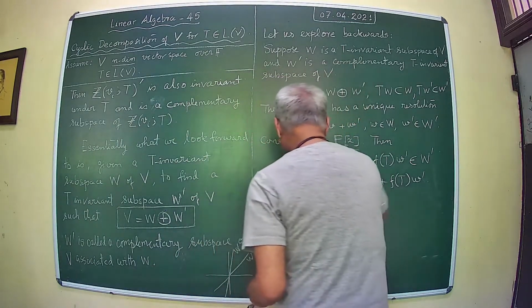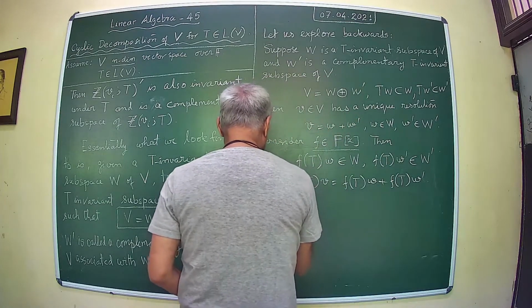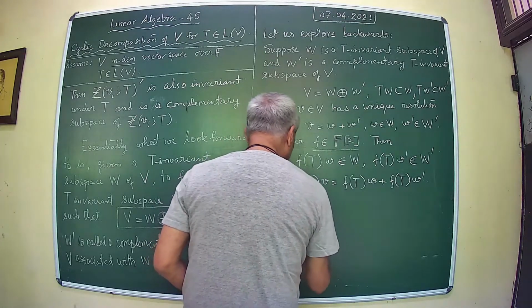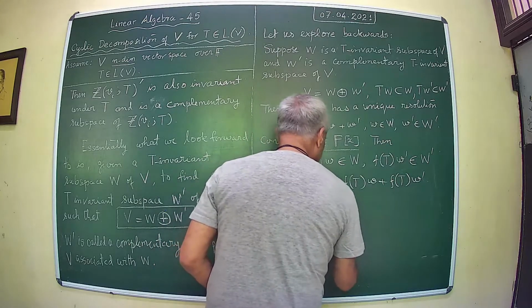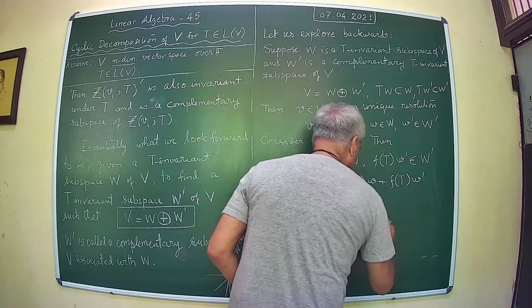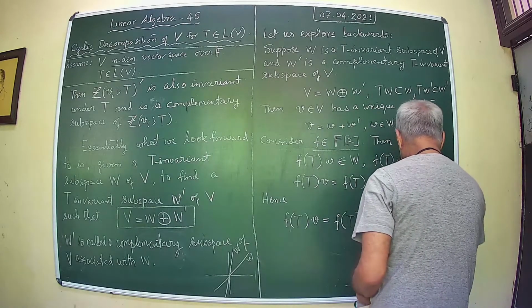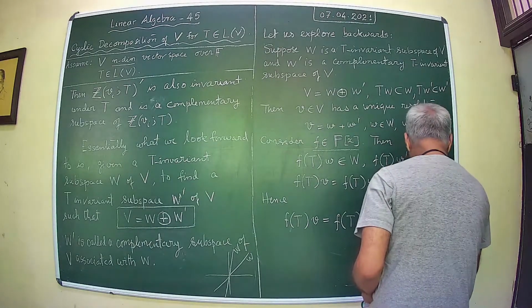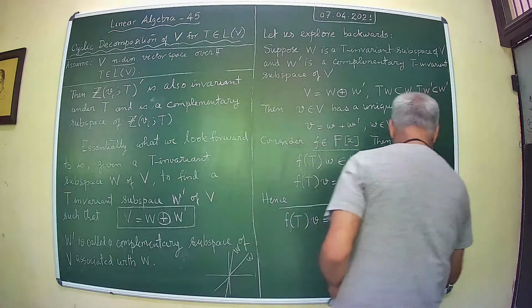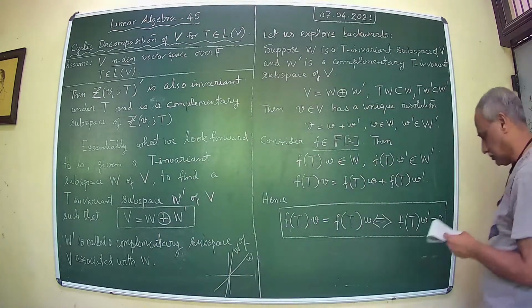Now the consequence of this is the following. f(T) of v equal to f(T) of w if and only if f(T) of w prime is equal to 0. This is true for all f.